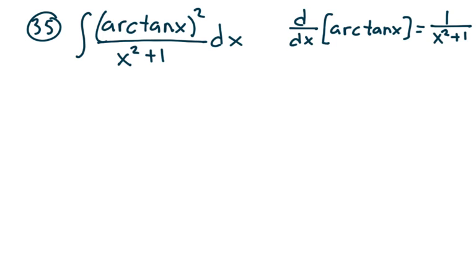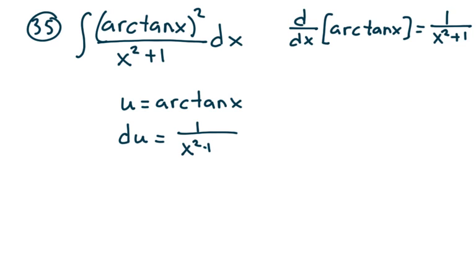And that tells me that calling u arctangent of x is a pretty good candidate because, again, I'm going to stress, you're trying to transform the entire integral in terms of u's. So du is 1 over x squared plus 1 dx.